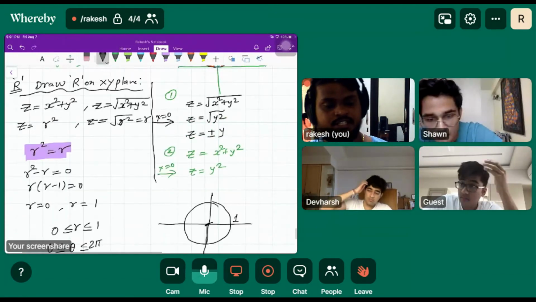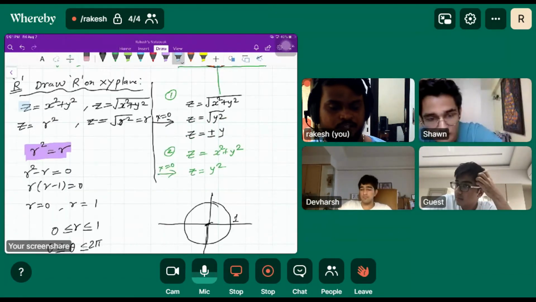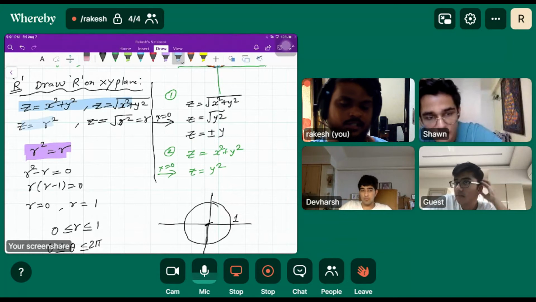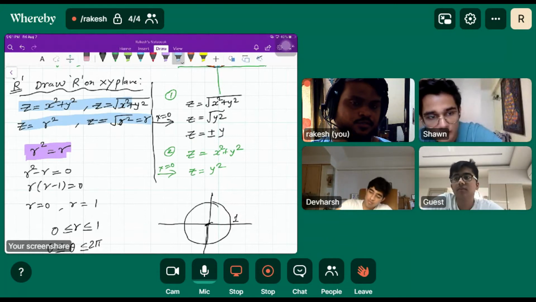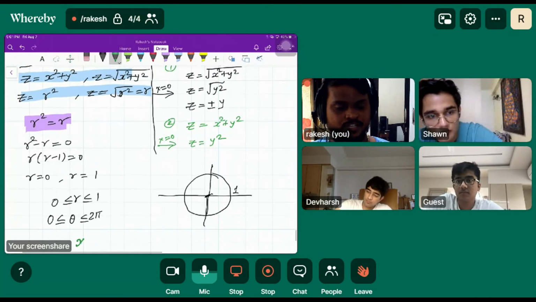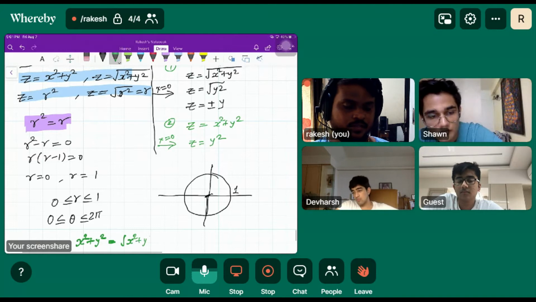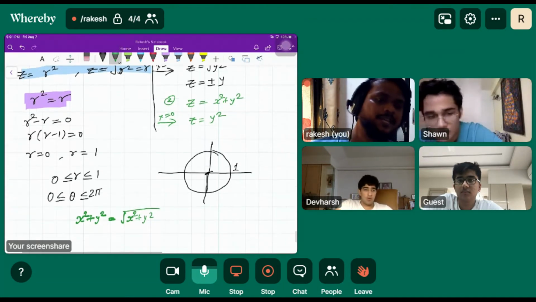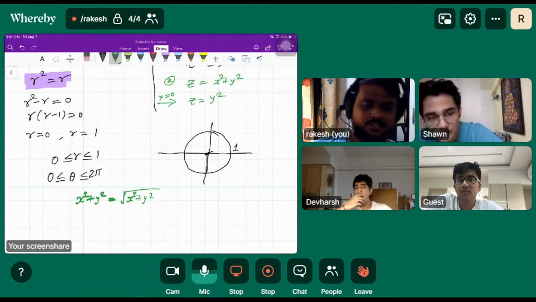Now, since this is another approach I explained to find out the intersection to figure out the level curve, right? So we can definitely equate these z also. So x square plus y square is equal to root x square plus y square. It will definitely give you the same answers, where r is from 0 to 1 and theta is from 0 to 2 pi.